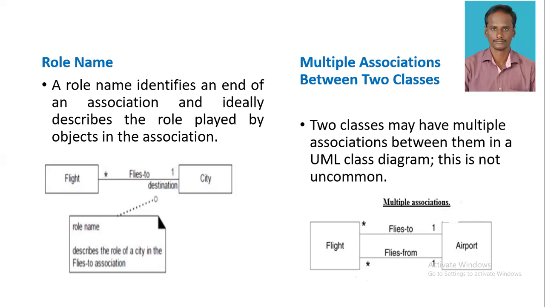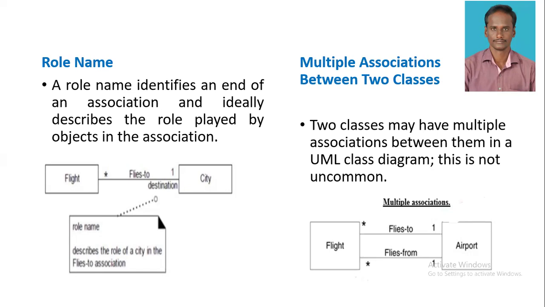And next, multiple associations between two classes. Two classes may have multiple associations between them in a UML diagram. This is not uncommon. For example, you can see here we have Flight and Airport. We have two classes, and the two classes may have multiple associations.